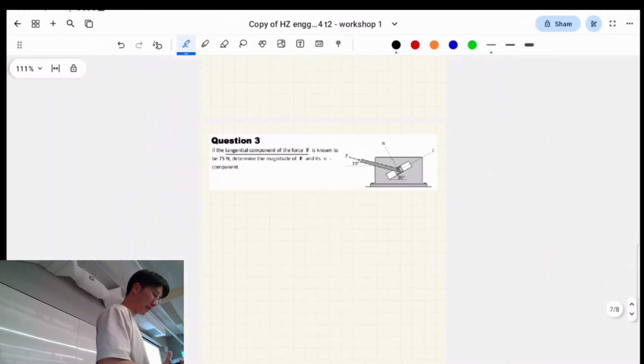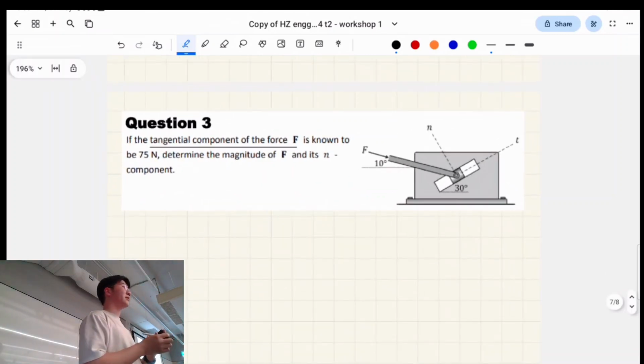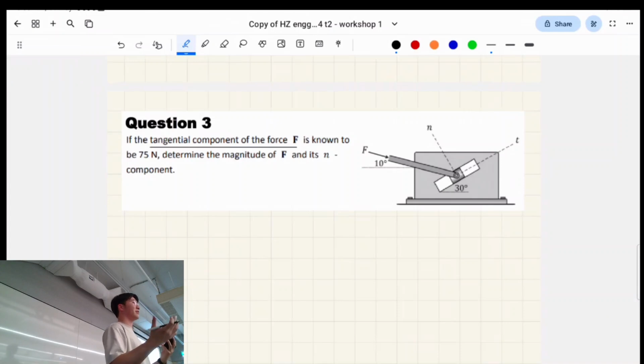Cool. Okay, so basically, here's something slightly new. We don't always use the XY plane. And oftentimes when you have a question that's on an incline or a slope, it might be better to refer to things in terms of the normal and tangential forces instead.